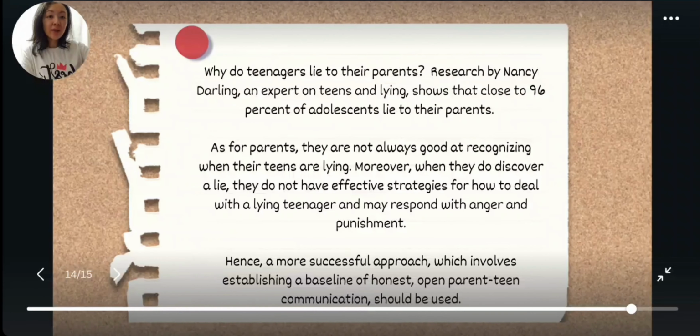Research by Nancy Darling, an expert on teens and lying, shows that close to 96% of adolescents lie to their parents. So, which types of hook are used here? 2 of them, right? Of course, we have the question here and the research, some kind of statistics.